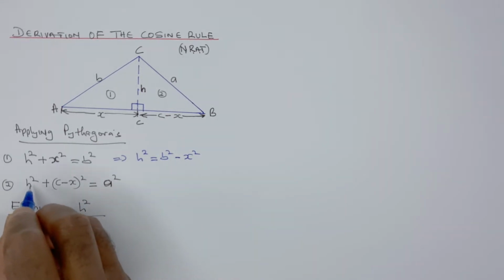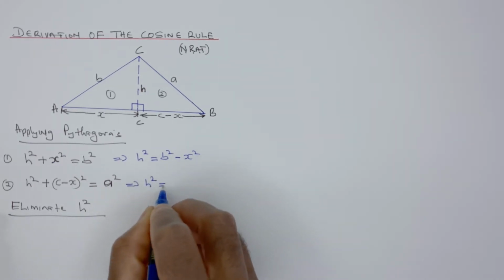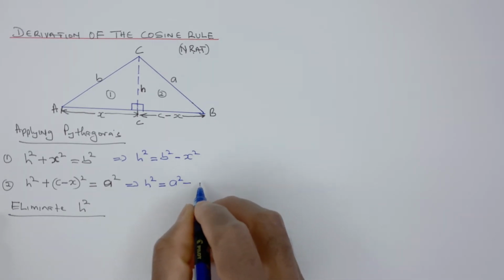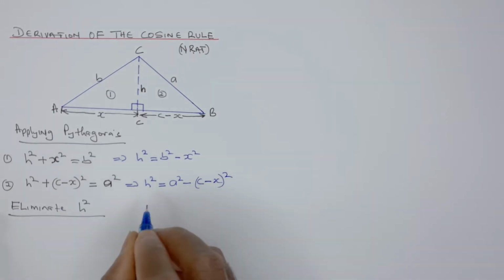Likewise, h squared equals a squared minus c minus x all squared.